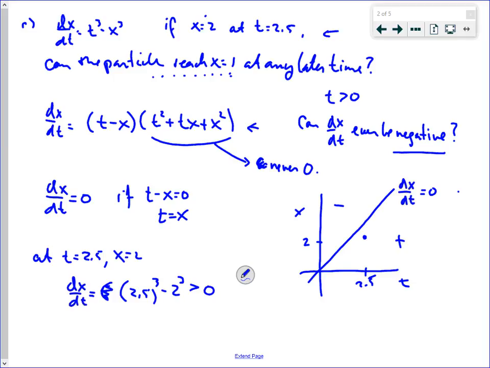Okay. The only way we could get to x equals 1 is if we were above this line. And we're never going to get above this line, because if dx dt is positive, then that means we're going in the positive x direction. Once we get to this line, if we ever get there, what's going to happen? dx dt is 0.